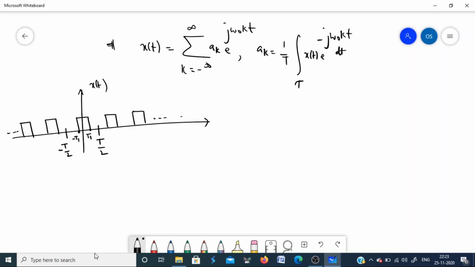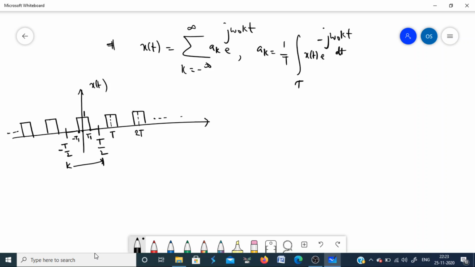Okay, so capital T is the time period, minus T by 2 to plus T by 2, and within this time period some portion of the signal has amplitude equal to 1, and in some portion the signal is 0. So this will be T, this will be 2T, so T is the time period.